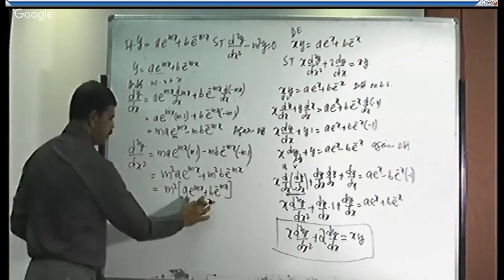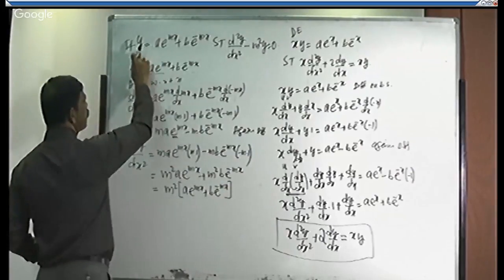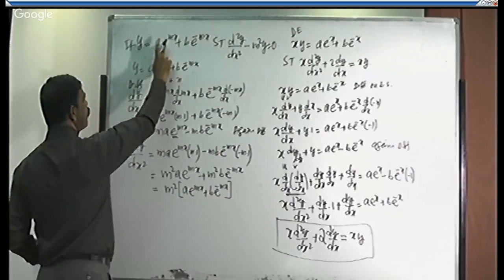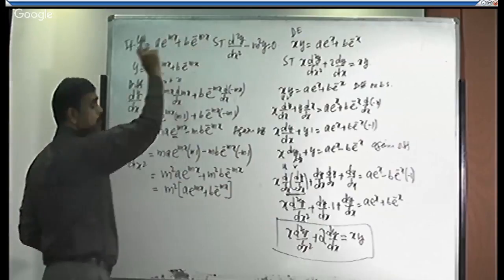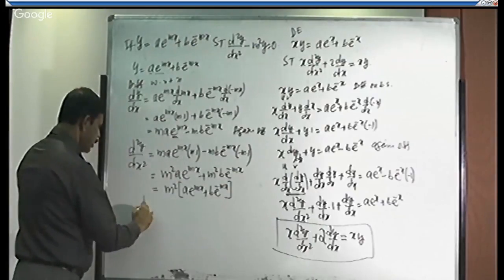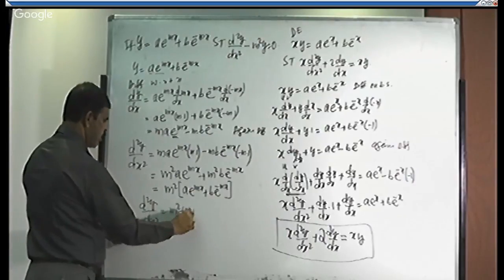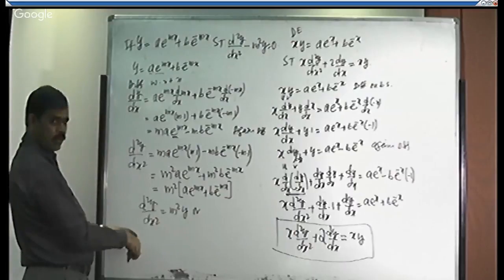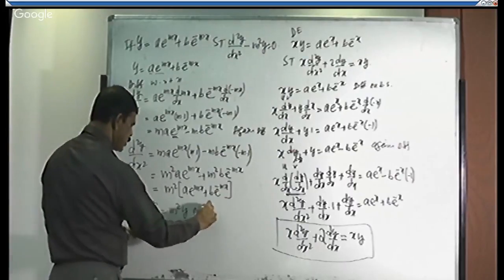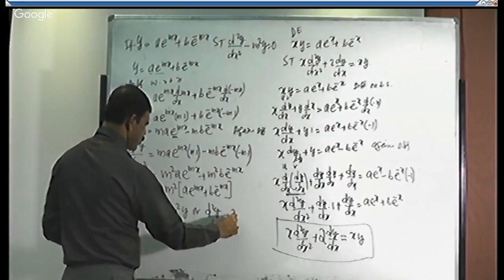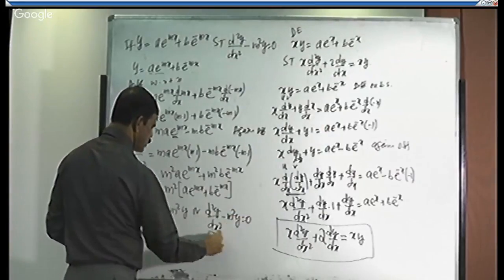Observe the bracket. This bracket is what? It is given as y, correct? y is equal to a e power mx plus b e power minus mx. Therefore, d square y divided by dx square is equal to m square y. Or if I take this to the left side, whose sign changes, d square y by dx square minus m square y is equal to 0.